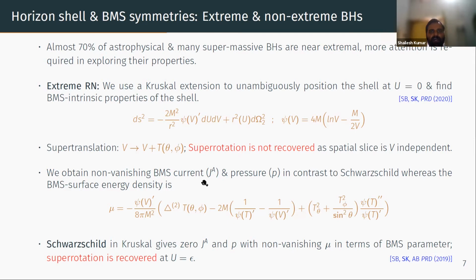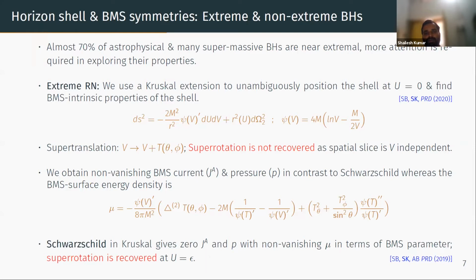And of course, we can obtain the intrinsic properties of the horizon shell, which will be written in terms of the supertranslation parameter. Here I'm mentioning the surface energy density. There will be surface current and surface pressure in terms of the supertranslation parameter. In contrast to this extreme RN case, in the Schwarzschild case, we have zero surface current and surface pressure, but the surface energy density can be restored in terms of BMS parameters.